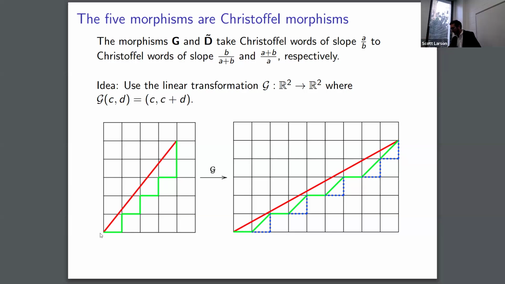As you see, the X steps pretty much stay the same, but the Y steps are transformed into this diagonal right here. And then what you can do is replace that with a movement XY, which corresponds to how G was defined, as G takes Y to XY. You can see that right here. Take that to there. And you can do a similar thing for D twiddle.